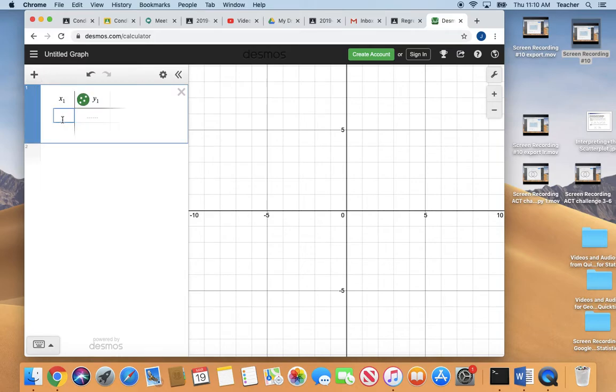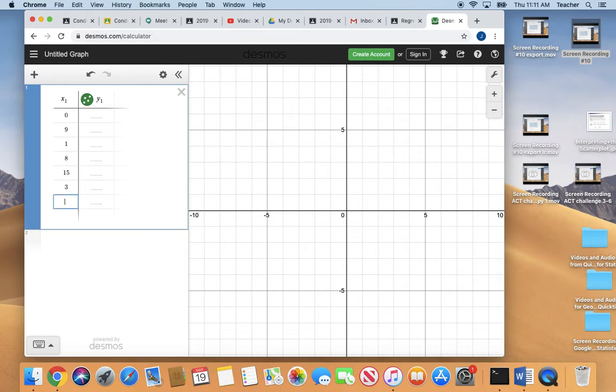For number 10, the x values were 0, 9, 1, 8, 15, 3, 12, 5, 6, and 10 for the hours spent watching TV.